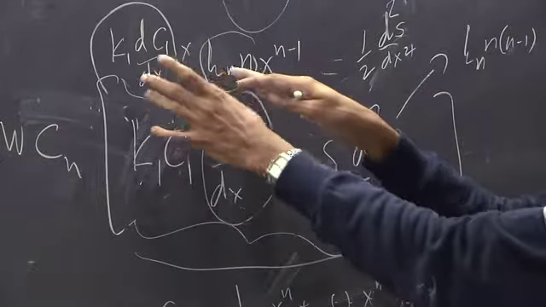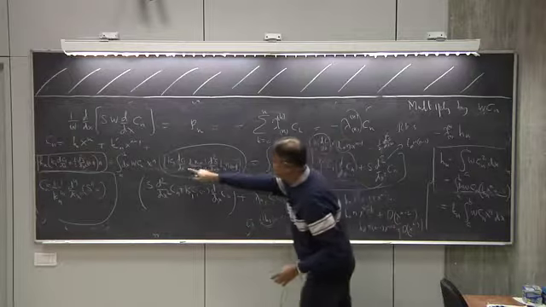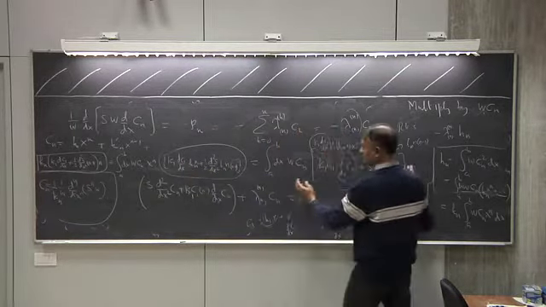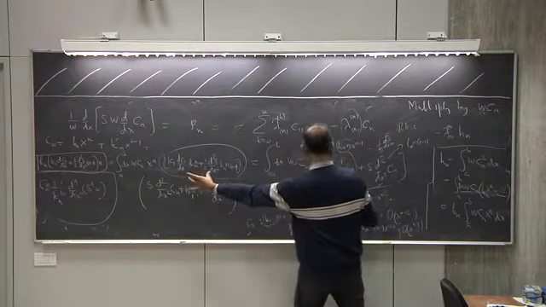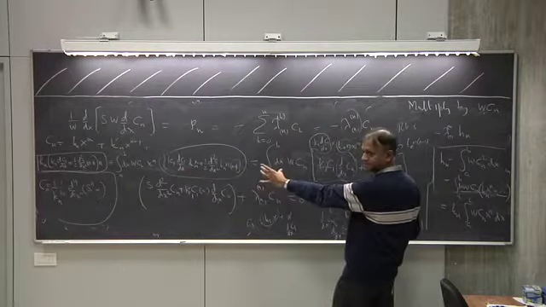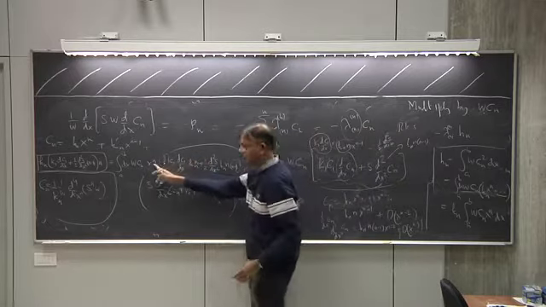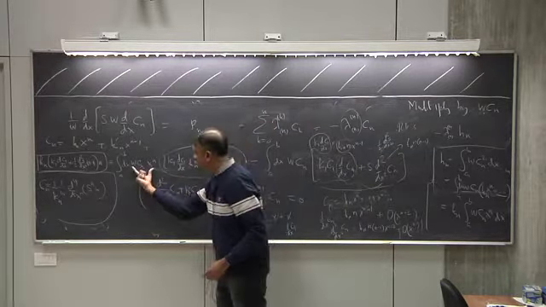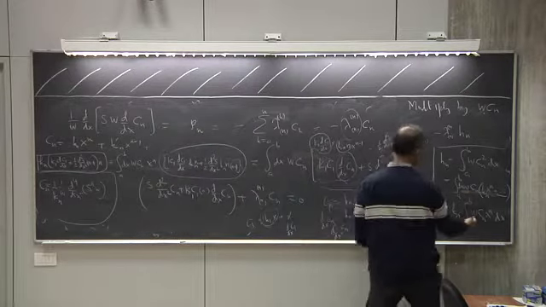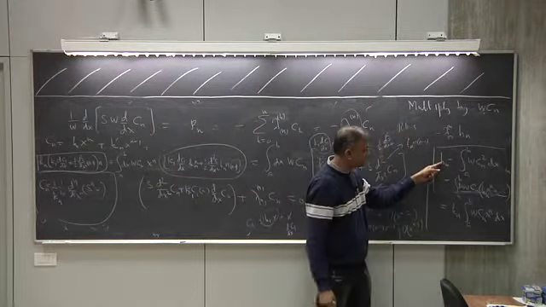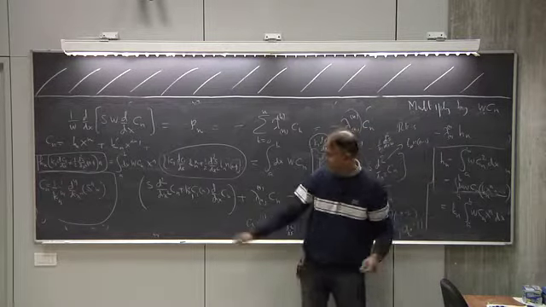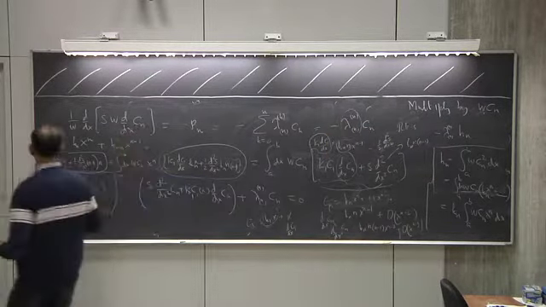One term was this, the coefficient of x to the n inside this bracket. So this was coming from the first term, and that was coming from the second term. So this whole thing is multiplying x to the n, and I have this integral, right? But this integral, by this definition of hn, is simply hn divided by kn, right? So I just use that, so you get this.